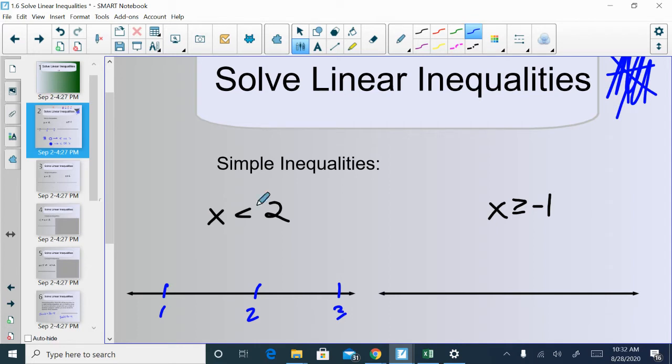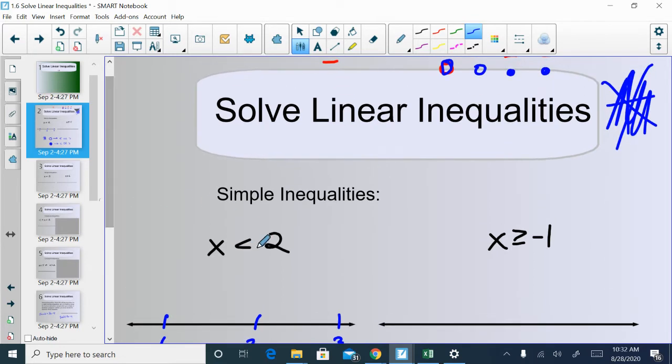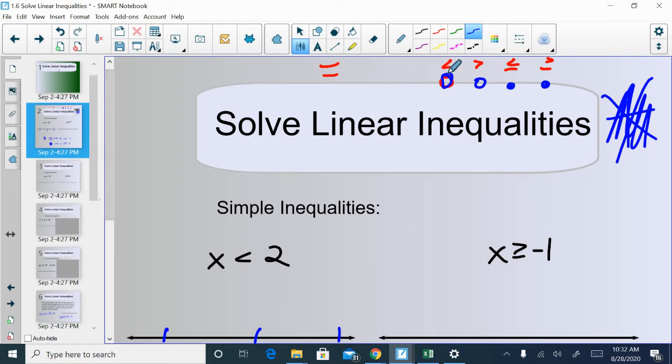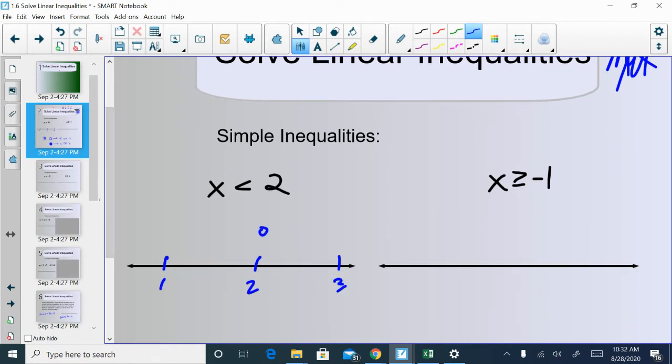And then I said less than 2, and less than is going to have an open dot. So just go ahead and put an open dot somewhere. Some people like to put it on the line, but I don't like to because I like to be able to see if it's open or closed really easily. And then numbers less than 2 would be that direction. So just an arrow, and that's it right there.